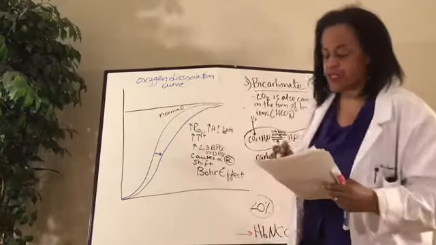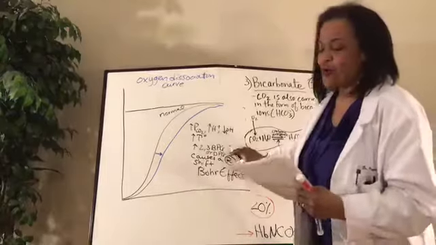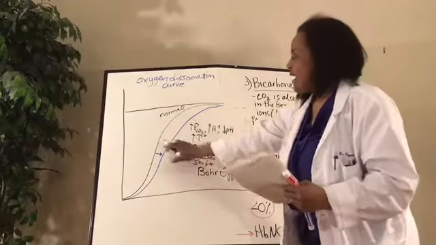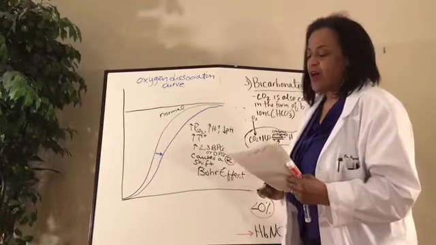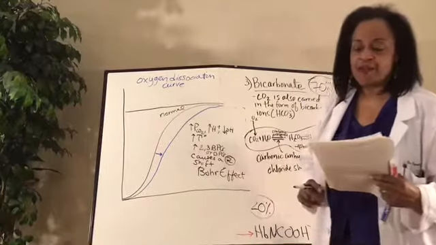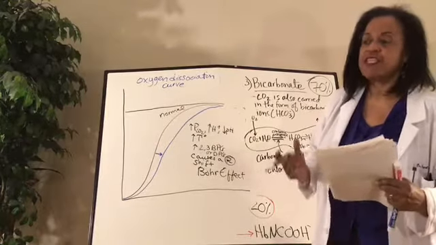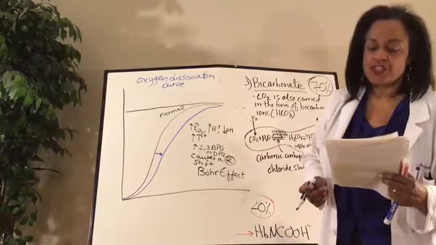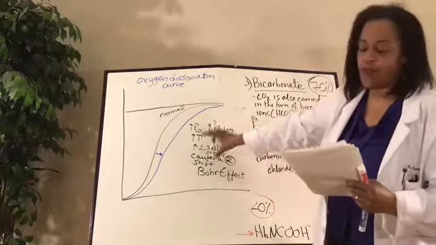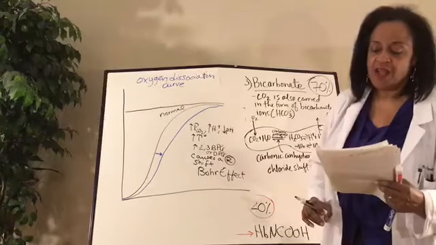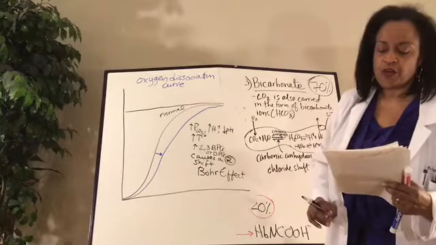So I'm just going to read this, that when the curve shifts to the right, like it did here, you have a decreased affinity of hemoglobin for oxygen. And this facilitates an unloading of oxygen to the tissues. An increase in all the factors except pH causes a shift of the curve to the right.